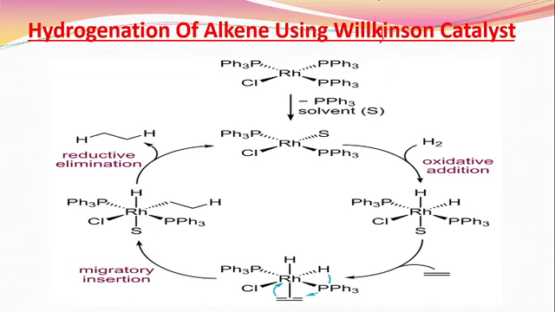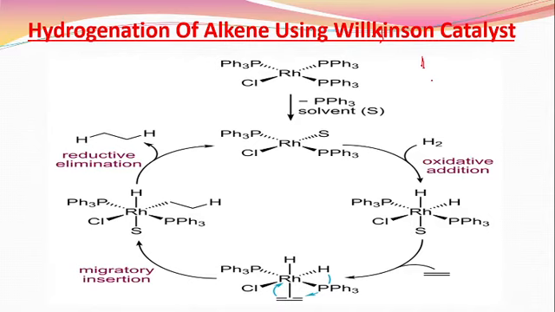Here, what is the Wilkinson catalyst? The Wilkinson catalyst is RhCl(PPh3)3. This is called the Wilkinson catalyst. It is always asked in the NET exam and in MCQs: what is the formula for the Wilkinson catalyst?